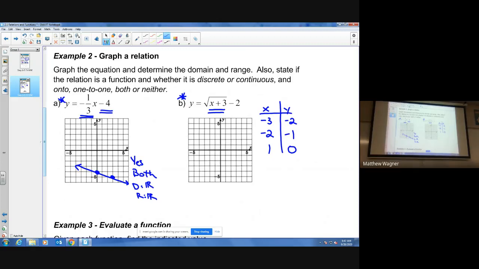So if we notice, we're going to graph (-3, -2), (-2, -1), (1, 0). And that is what this graph looks like. Okay. If we look here, it does pass the vertical line test, so it is a function.